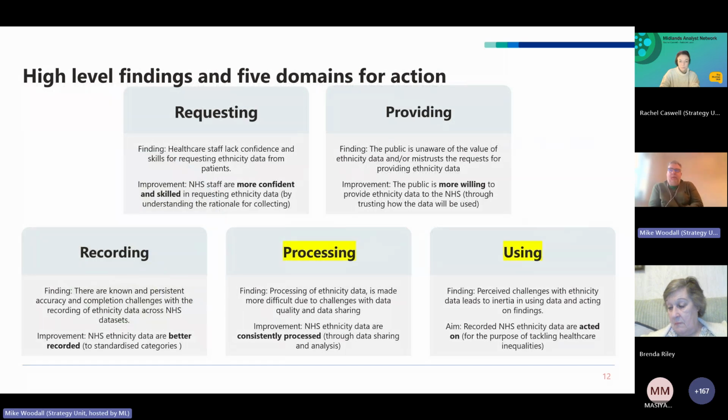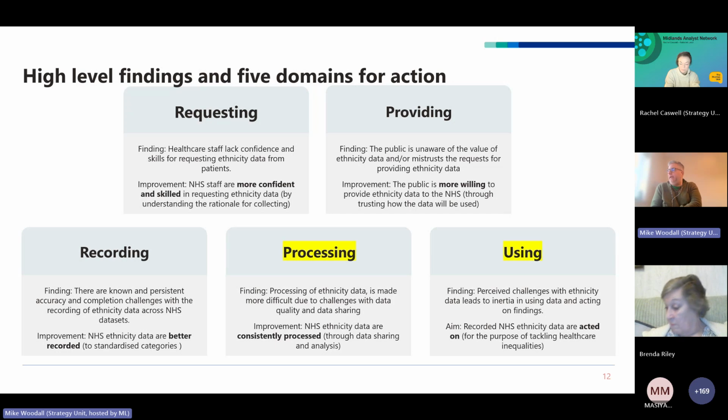So the guide provides five high-level domains for action. The first one is requesting. People working in health services who are talking to patients and carers are requesting their ethnic data, and we want to ensure that people are more confident and skilled in that area.